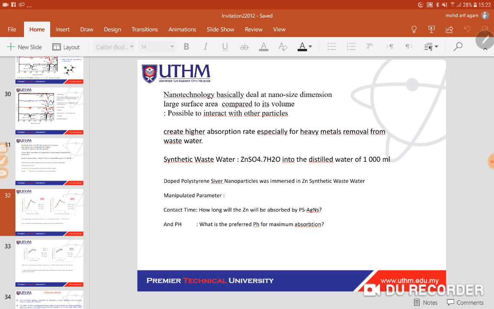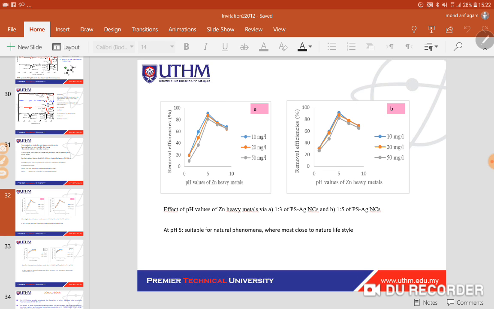So for pH, we can see that this is polystyrene with argentum nanoparticles, and the ratio is 1 to 3 and 1 to 5. The left is 1 to 3, and the right is 1 to 5.